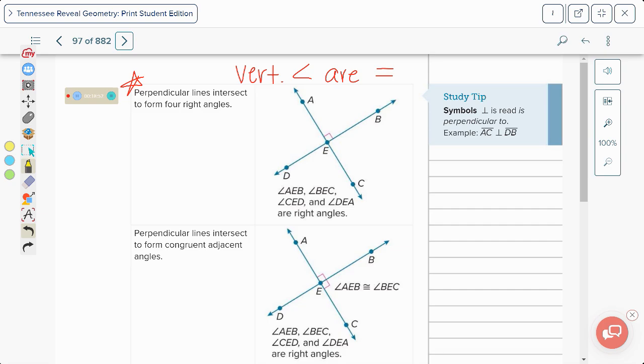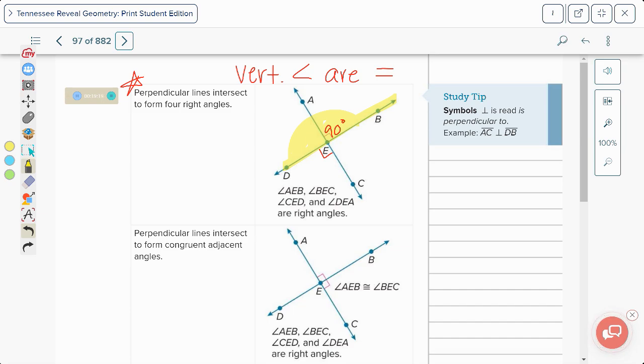Also, we learned about linear pairs. 2 angles that come together to form a line will always equal 180. So if I know this is 90, let's look at that top half there. We're going to focus on this top angle. We know 1/2 of that line is 90 degrees. So what should the other half be?